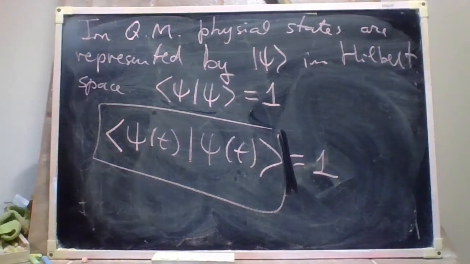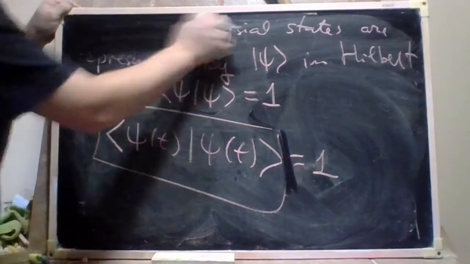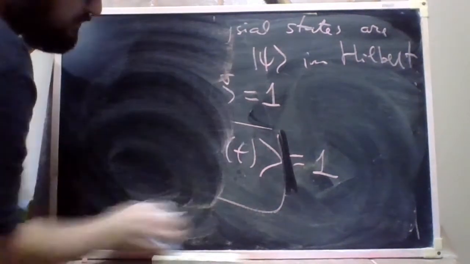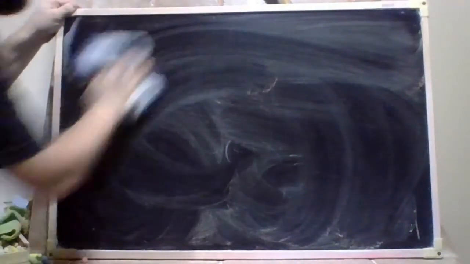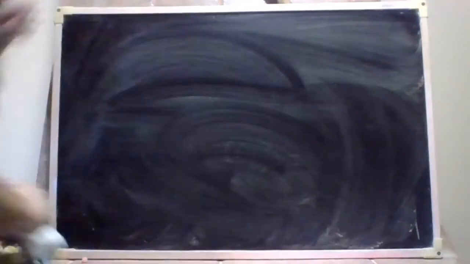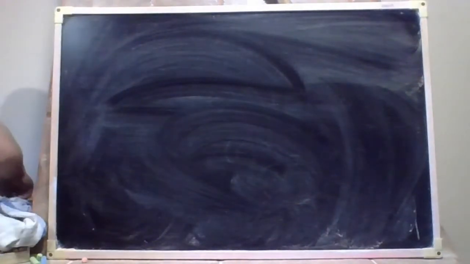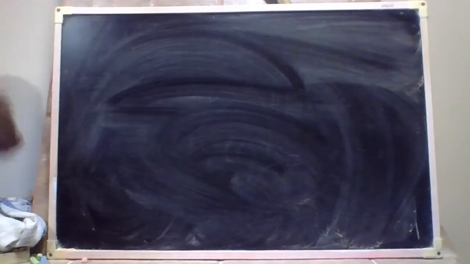All right, so let's try to consider an evolution operator. In quantum mechanics, all the things must be represented by operators. So let's try an operator here, right?